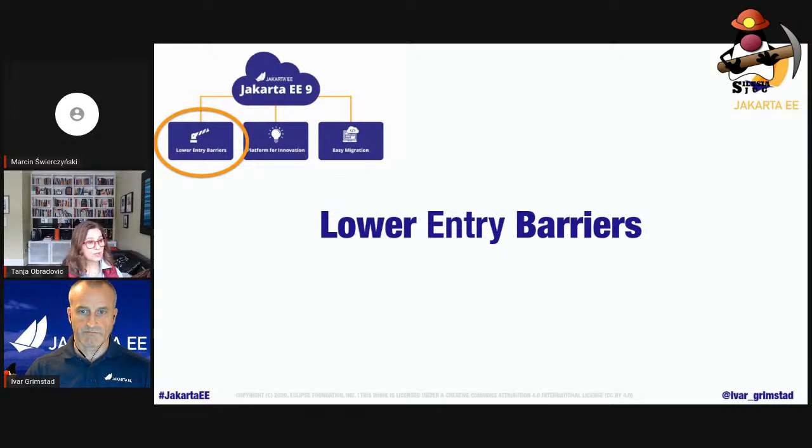So we had the restrictions with the use of the javax namespace, and we needed to introduce the new Jakarta namespace. So this whole version is dedicated to this change.